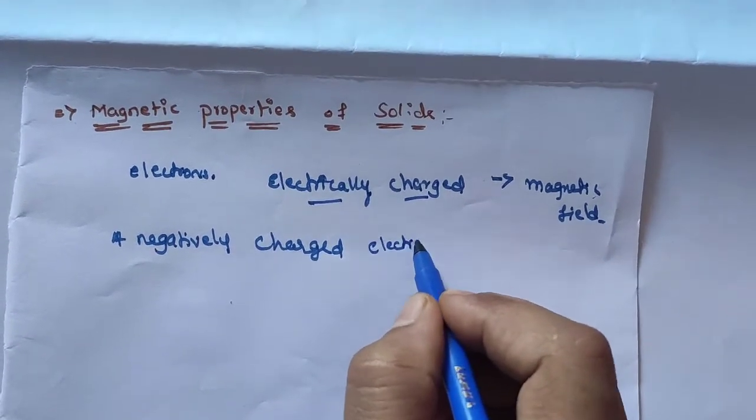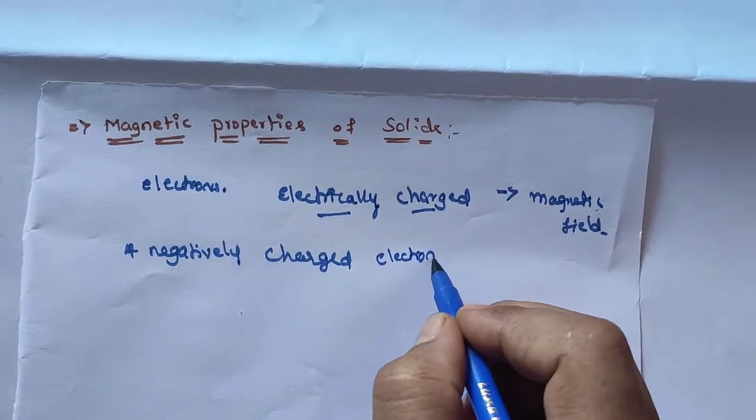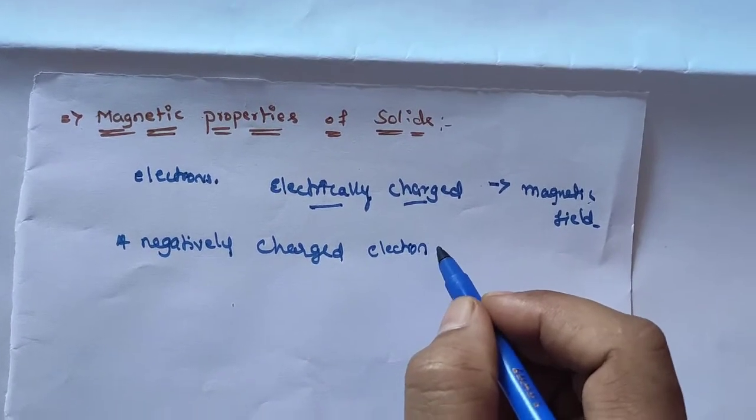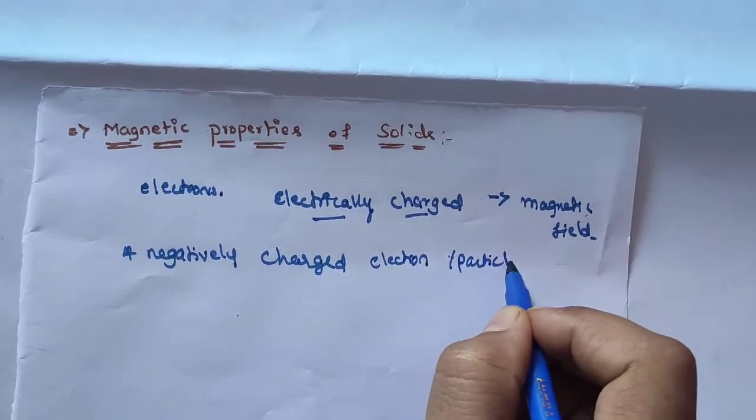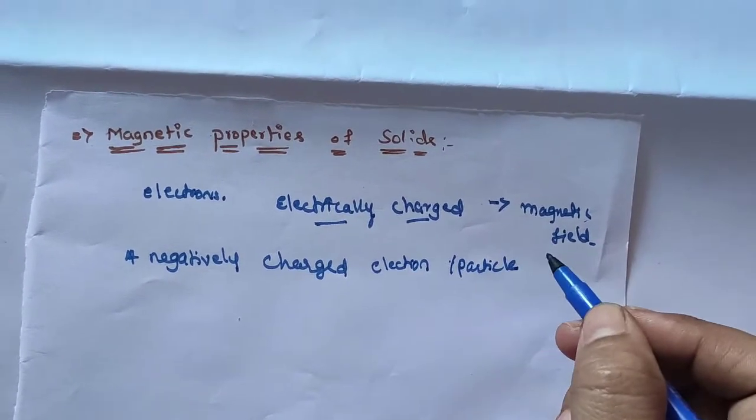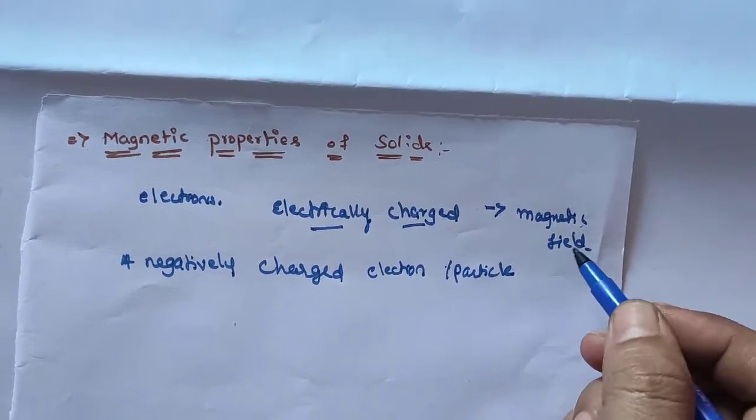So that negatively charged electron, as a particle in motion, produces a magnetic field.